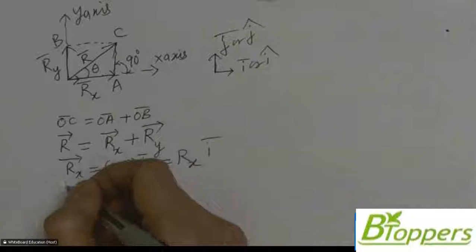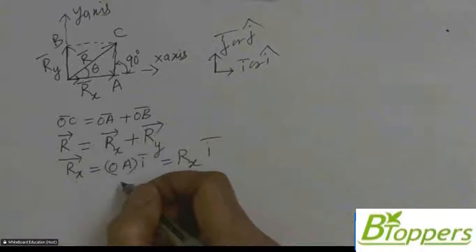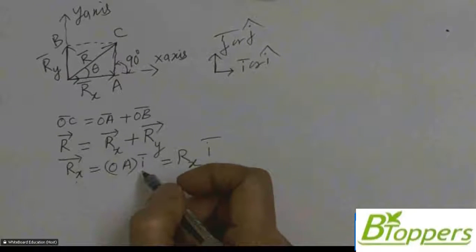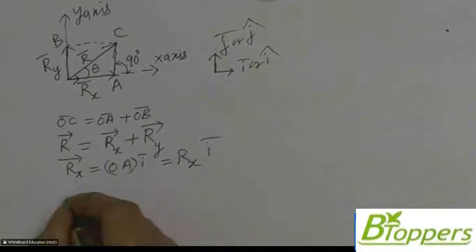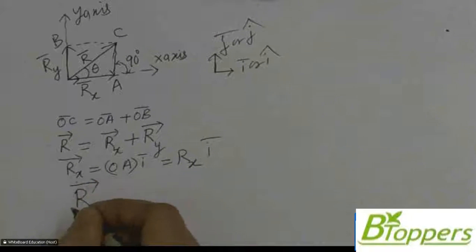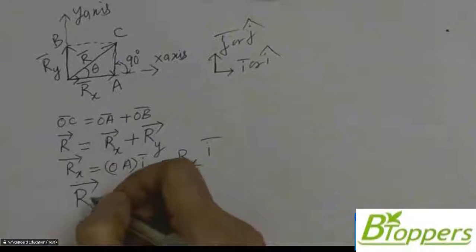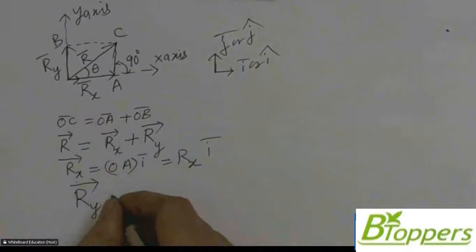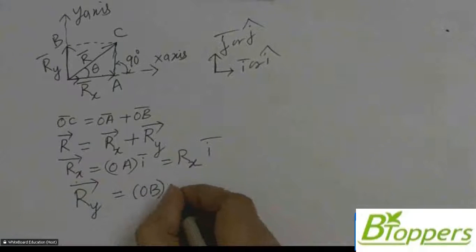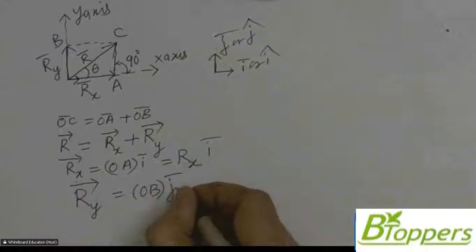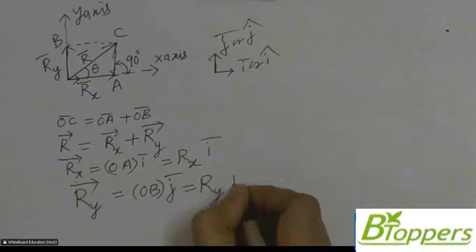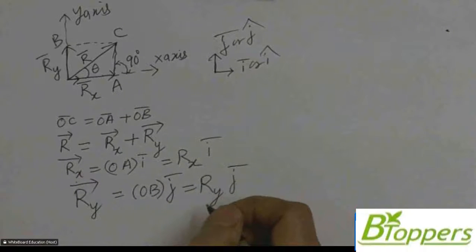So the component vector Rx bar can be written as the product of its magnitude and the unit vector in the same direction. Similarly, the component vector Ry bar, which acts parallel to the y direction, can be written as the length of the line OB into J bar, that is, Ry into J bar.